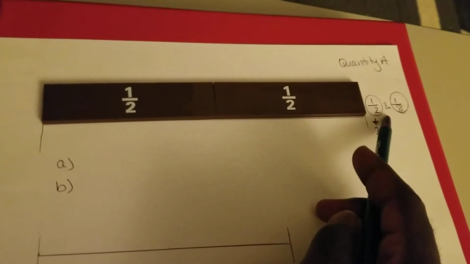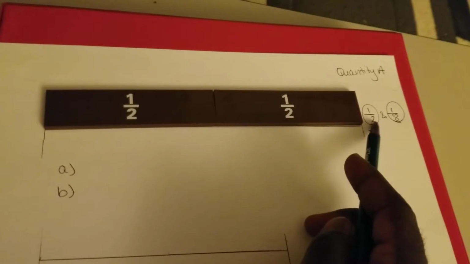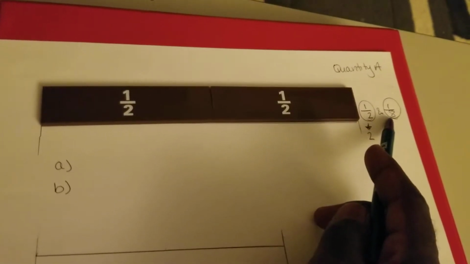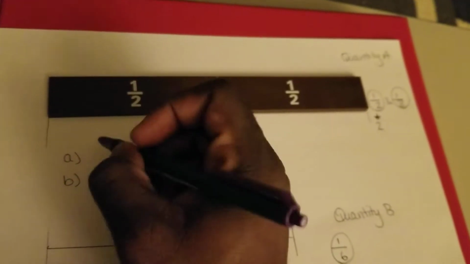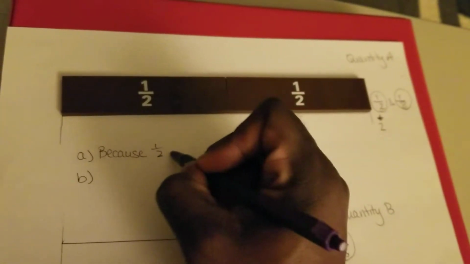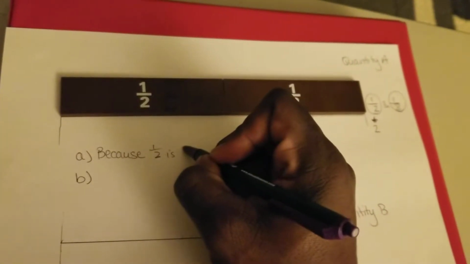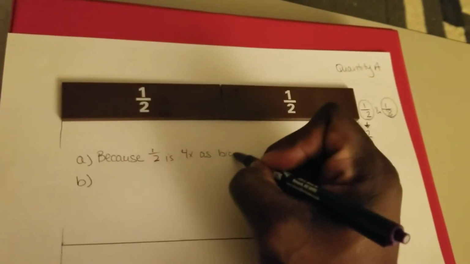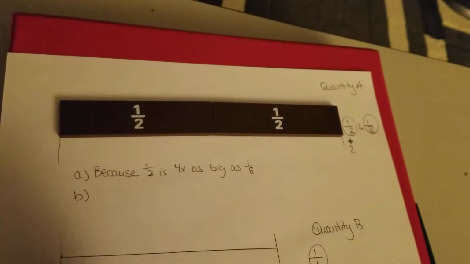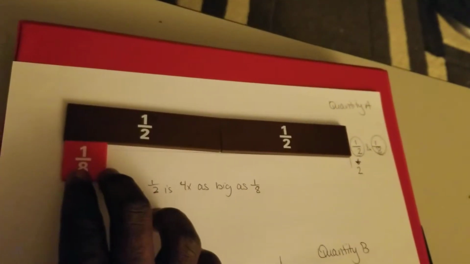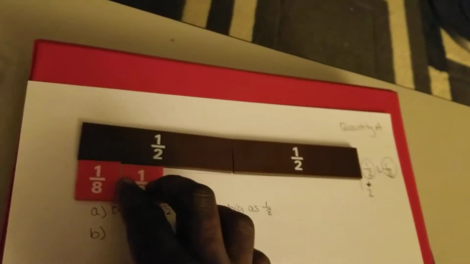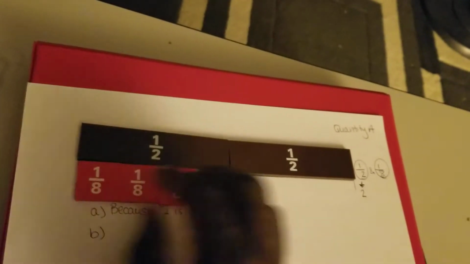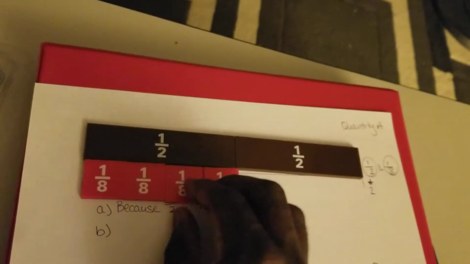Now, before I get to the eighths, what we know is that halves are 4 times as big as eighths. So I'm going to write that here. Because 1/2 is 4 times as big as 1/8, what it means is that if I measure this same quantity using eighths, I'm going to need 4 times as many eighths.